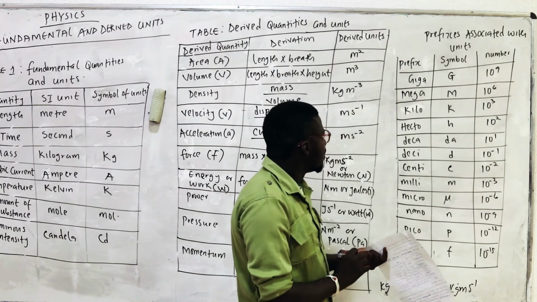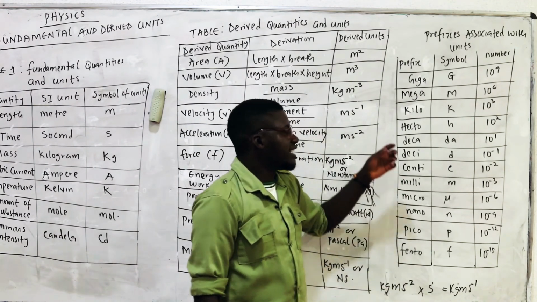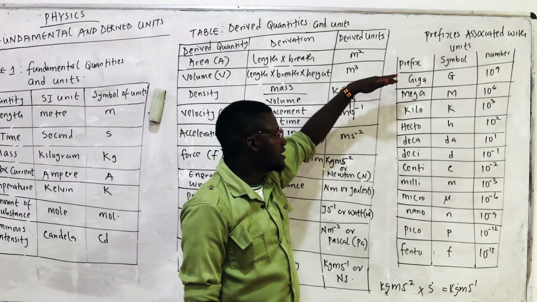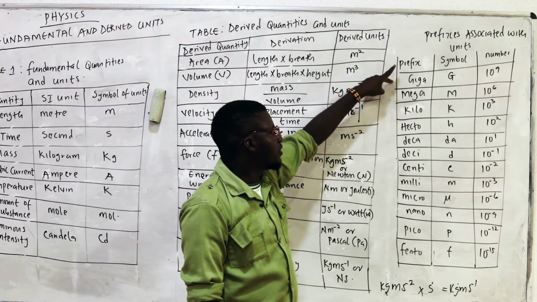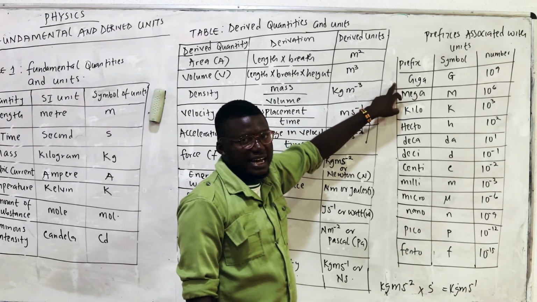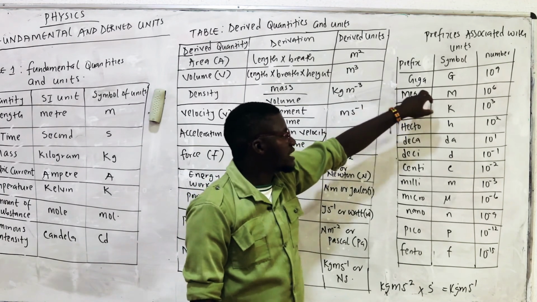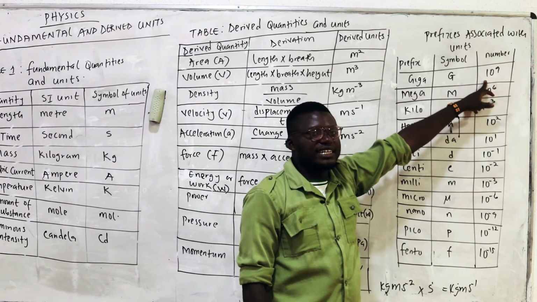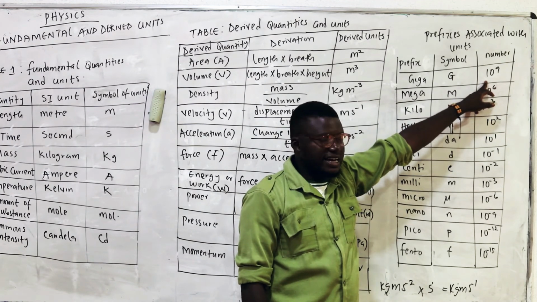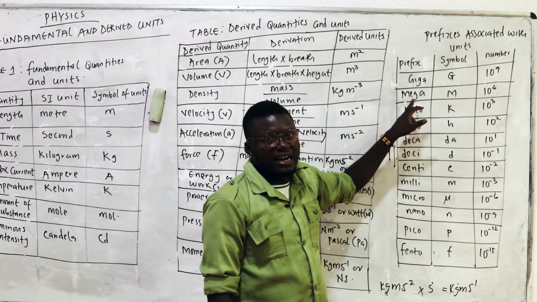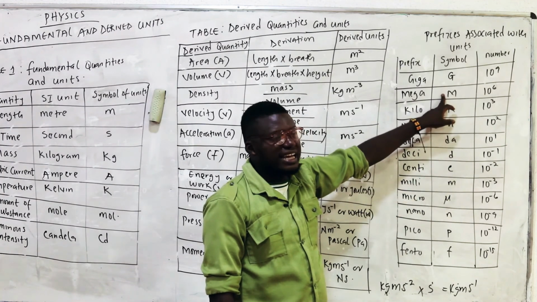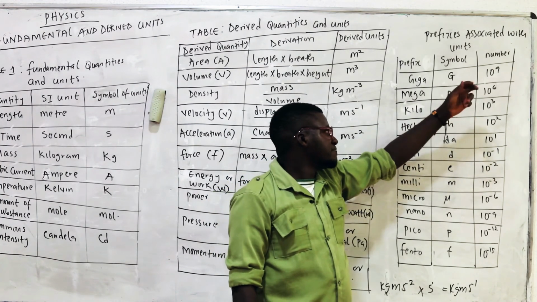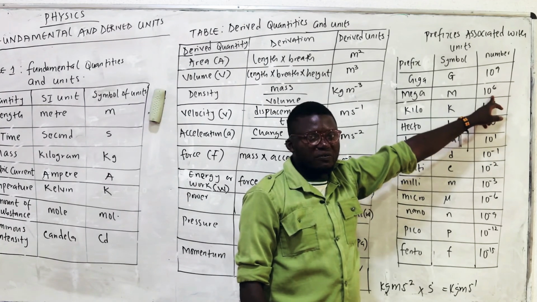There are more prefixes, but I'm taking it from here. The first prefix on the table is giga. Giga is denoted with capital G and is equivalent to 10 raised to the power of 9. Then the next one is mega, denoted using capital M and given as 10 raised to the power of 6.